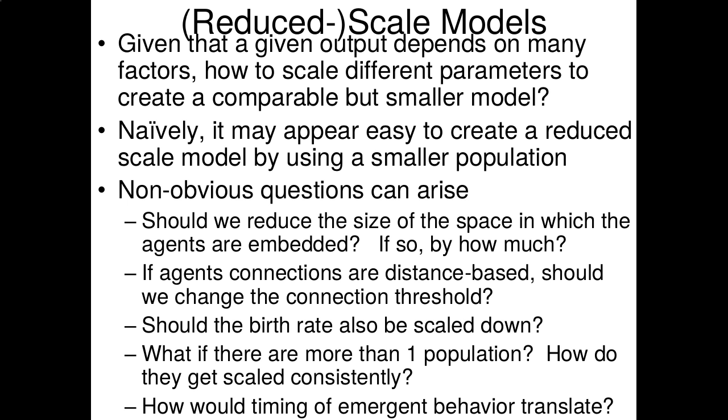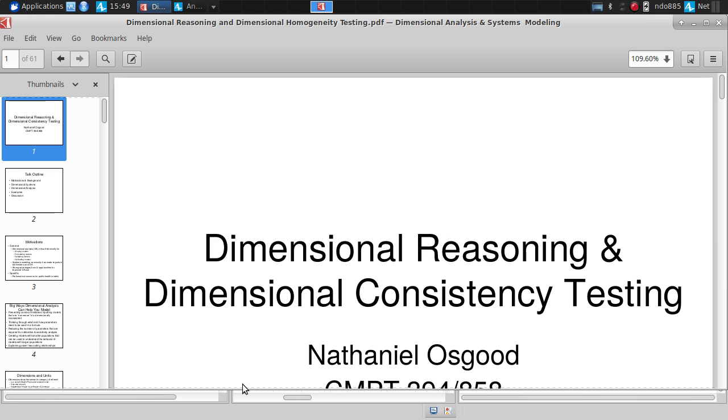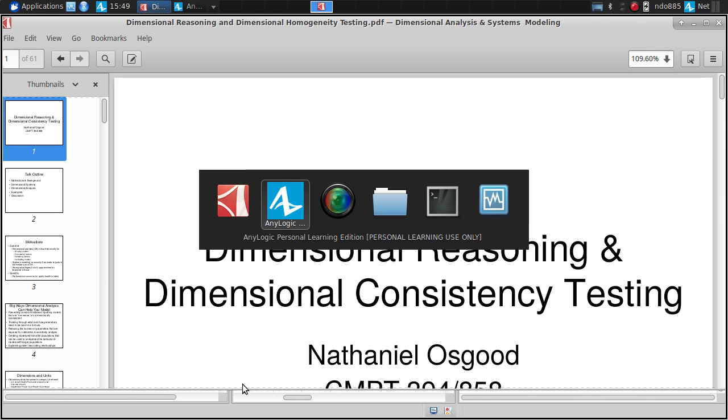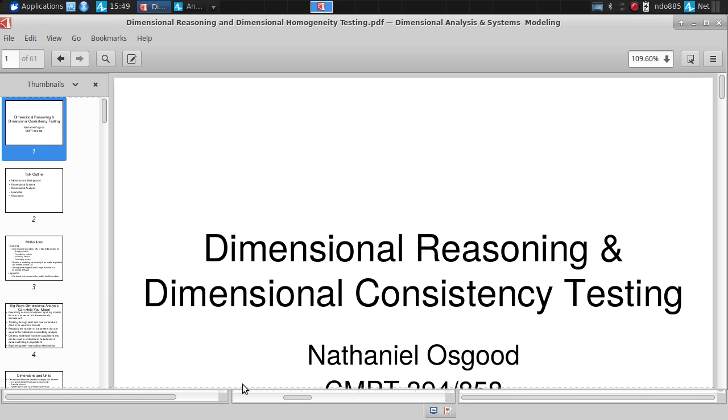And this is the notion of reduced scale models. Okay, that's more advanced material. I may cover that at some point in an advanced modeling class, but for now it remains outside the coverage of this lecture, and indeed, ladies and gentlemen, outside the coverage of this course.